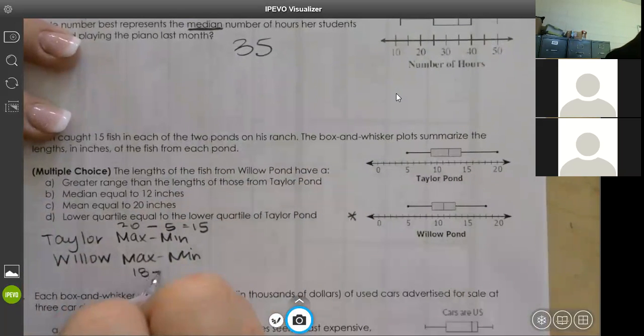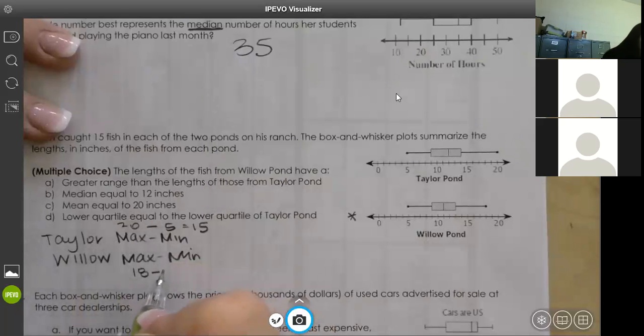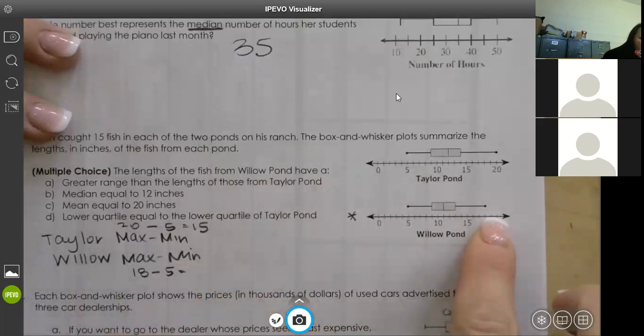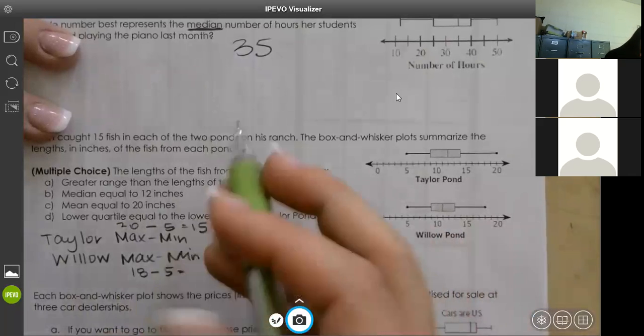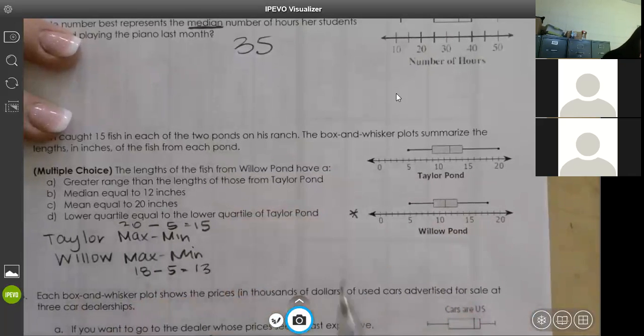What's your minimum? 5. So 18 because it lines up with the max, 5 there, which gives us 13. It says Willow Pond has a greater range than Taylor Pond. You have to tell me if this is true or not. Does Willow have a greater range than Taylor? So we can't use that one.